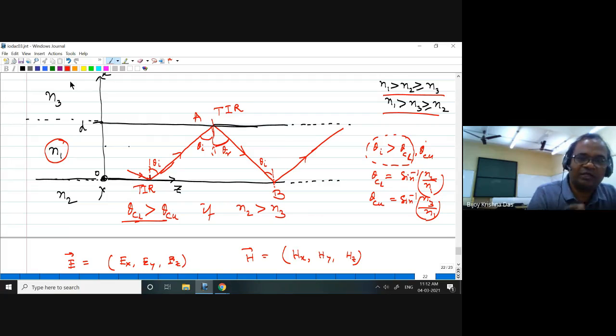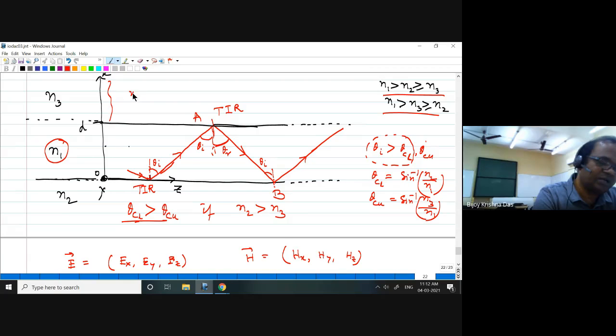So the photon energy of the electromagnetic wave should be lower than the band gap of the material. The band gap should be very wide.